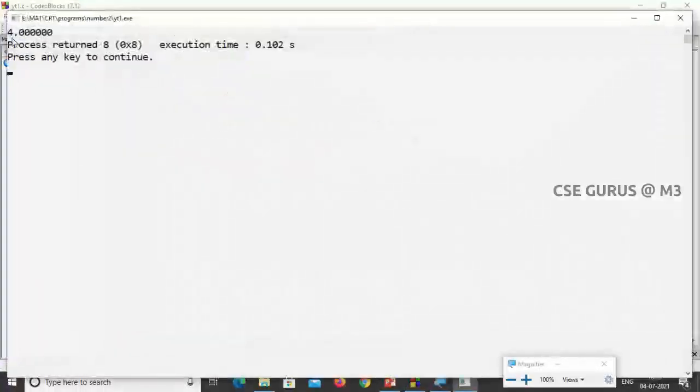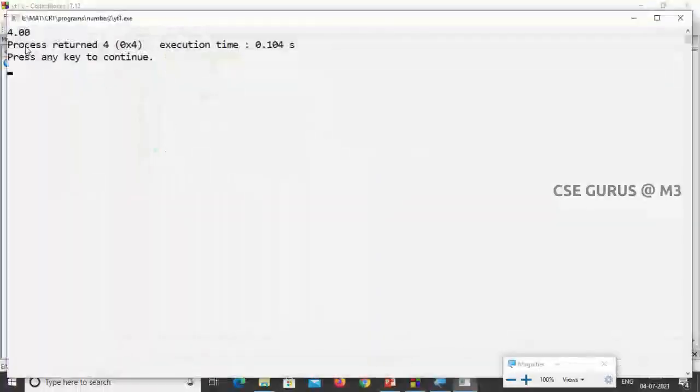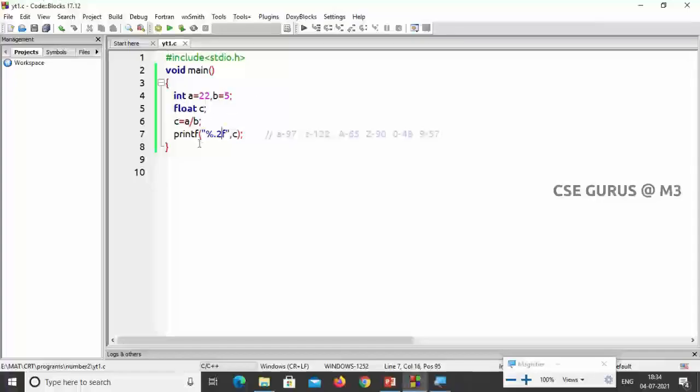It's not 4.4, it is 4 followed by 6 zeros, right? Anyway, percent f prints all those zeros. If I want only 2 zeros, I have to put 0.2 f, so that I'll get only 2 zeros, 4.00. But I need to get 4.4, so where did the logic miss?